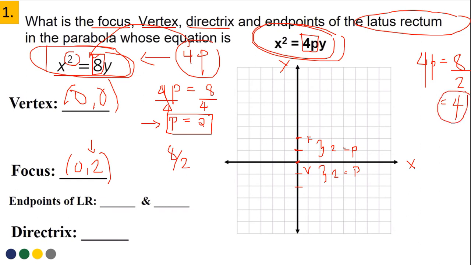From focus to right, ibig sabihin, 4 units po yan. 1, 2, 3, 4. So, nandito yung latus rectum na right. Yung latus rectum na isa is to the left. Okay, start from focus ulit. 1, 2, 3, 4. So, nandito yung latus rectum. So, yan po yung latus rectum, another latus rectum.